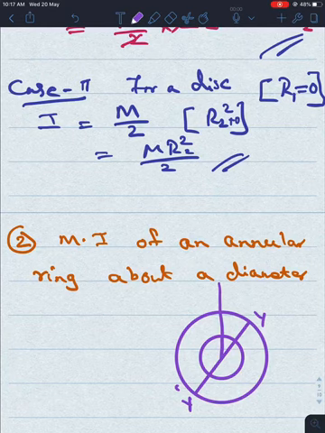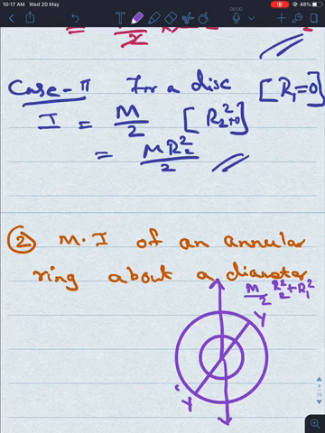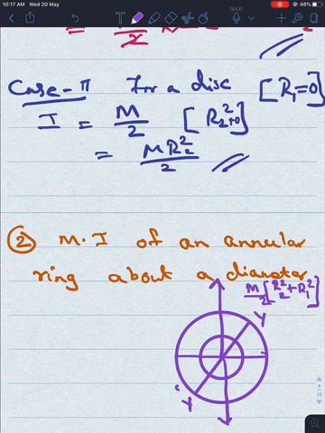So I know the moment of inertia about an axis passing through the center and perpendicular to its plane is equal to m into r2 square plus r1 square by 2. Now I can very well use the perpendicular axis theorem.